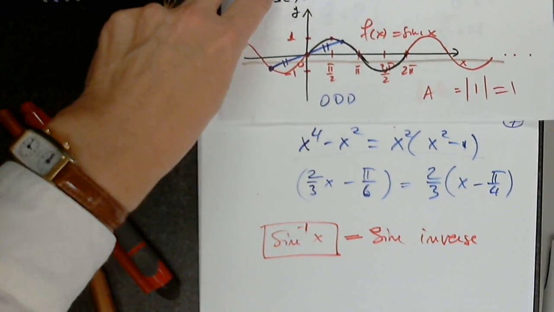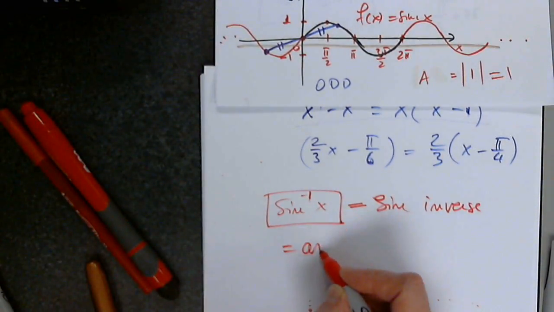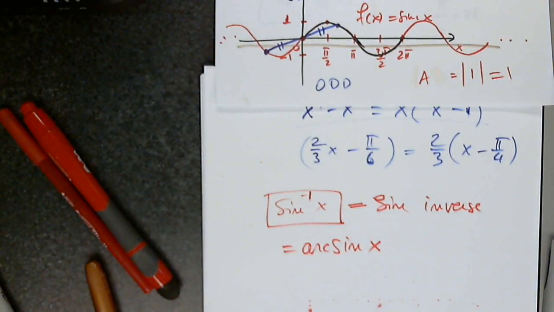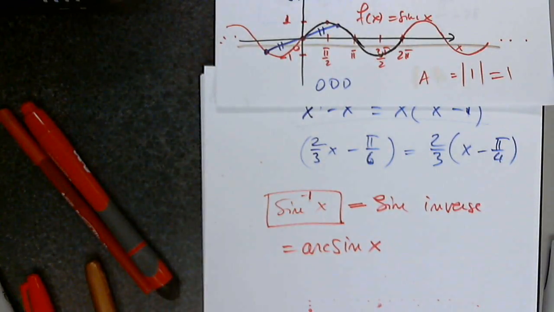But we also have another notation, which I personally prefer when I type, because I don't have to use the power. It's easier. Arc sine. You don't have to use arc sine, but I may use it in a test or a quiz because it's easier for me to type. It's the same thing. We have two notations for the same thing. Good.